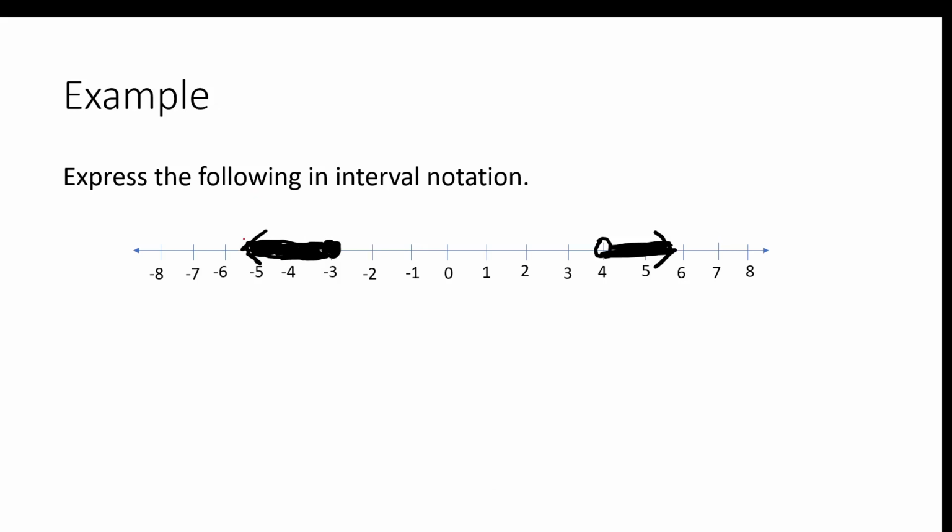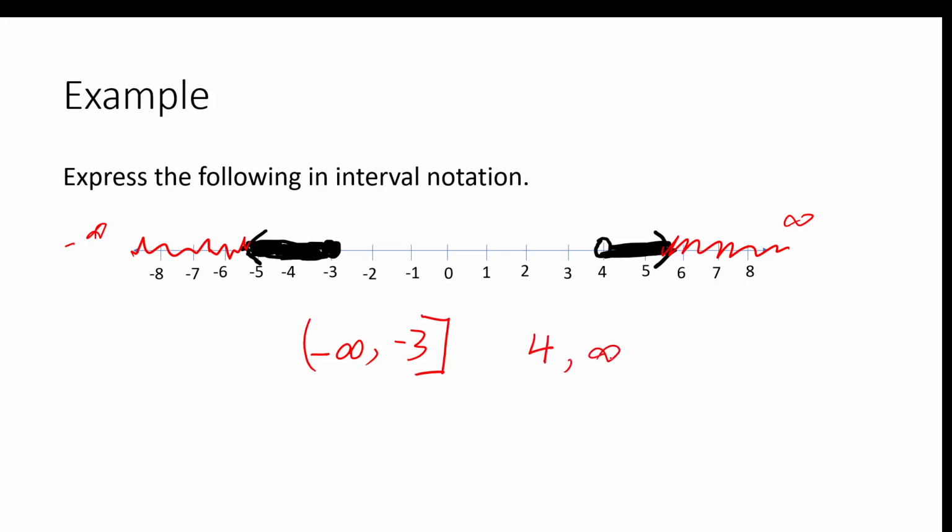For this one here, we have two different intervals. So we're going to have two different intervals in interval notation. The first one will be between negative infinity and negative 3, square bracket on the negative 3, round bracket on the negative infinity. The second interval is between 4 and positive infinity, round brackets on both.